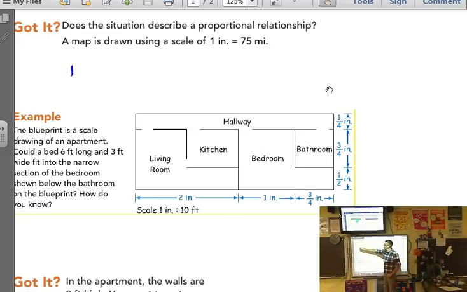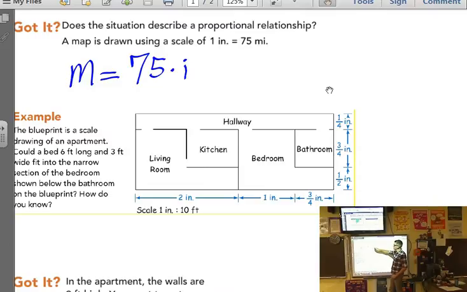So we could say the number of miles will be... How were you just calculating your miles? You just told me what you were doing. Multiply by what? What number were you multiplying by? 75. So it's going to be 75 times the number of inches.